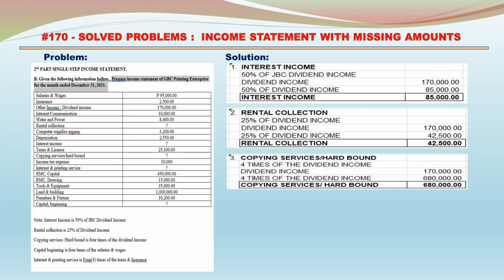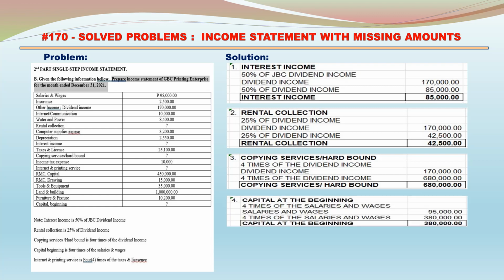Copying services hardbound is 4 times of the dividend income. Dividend income 170,000. 4 times of the dividend income is 680,000. Copying services hardbound is 680,000. Capital at the beginning is 4 times of the salaries and wages.